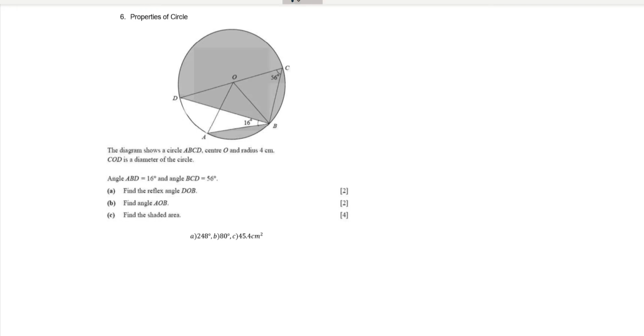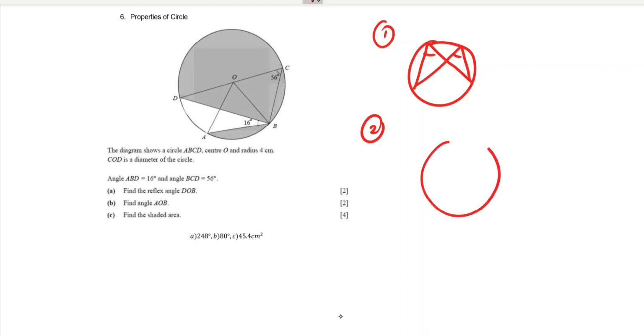Now for properties of circle, the first two things you should always look at are angles in the same segment, where this angle and this angle are equal, or angle at center is 2 times angle at circumference. So try to look for these two things.